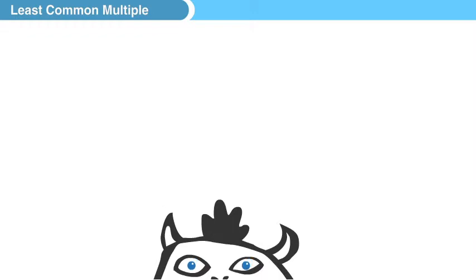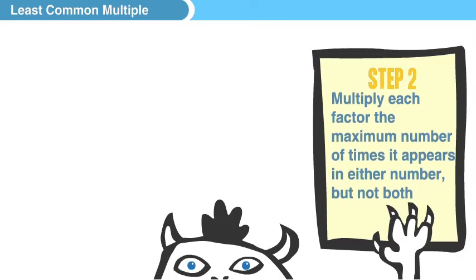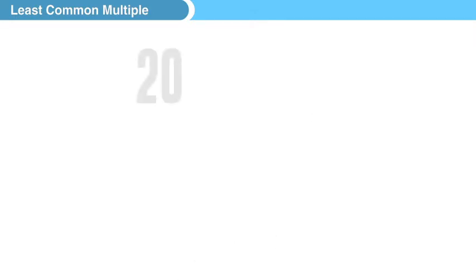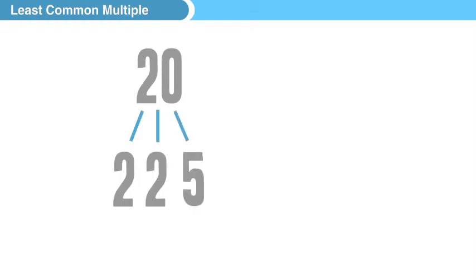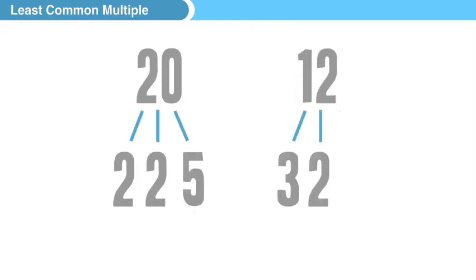Okay, so step 2 says multiply each factor the maximum number of times it appears in either number, but not both. Okay, so the factors that we have for 20 are 2, 2, and 5. The factors that we have for 12 are 3, 2, and 2. Okay, so just listing them out individually, 2 appears twice in both 20 and 12.